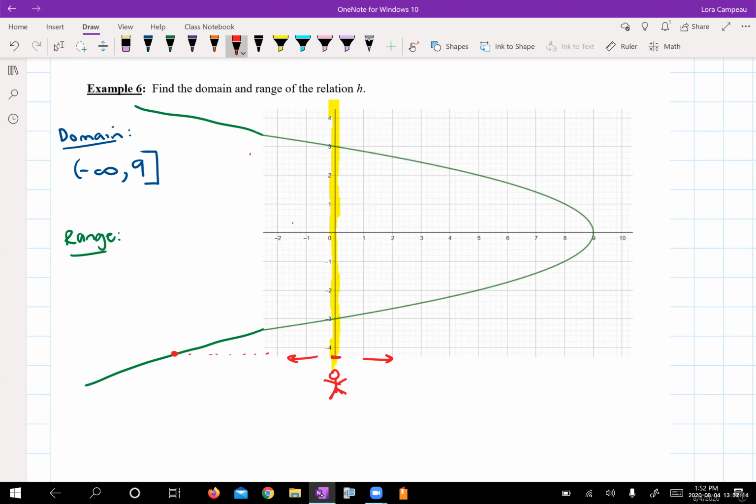So with the range, if it's happening at this -4, if you were down here at -100 or so, there would still be a picture somewhere to the left, as would there be from infinity. So the range is actually starting at -infinity.